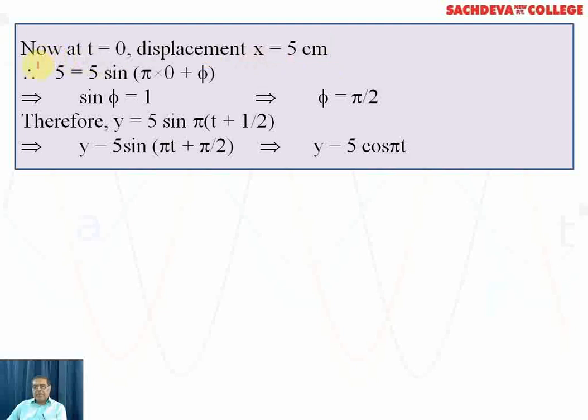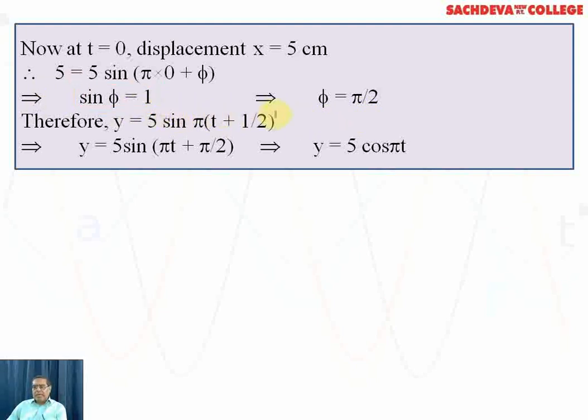So in the equation, we put 5 for the displacement and then we make calculations. So we write 5 sine pi into 0 plus phi. So pi into 0 will become 0, 0 plus phi will be phi, and our net function will become sine phi is equal to 5 over 5, and that is 1. So sine phi is 1. Now which angle has sine equal to 1?